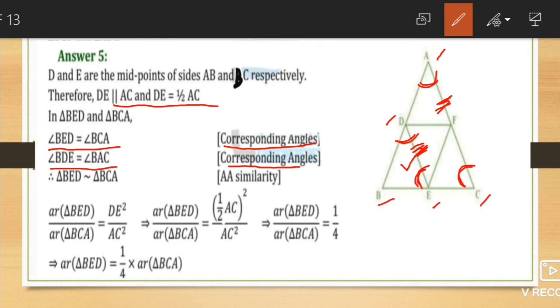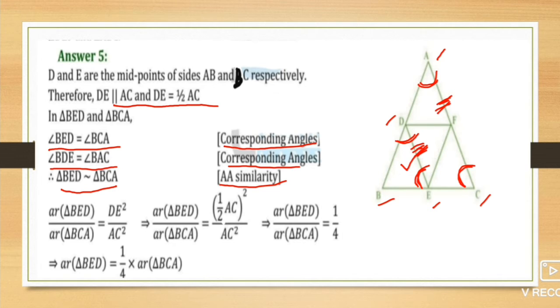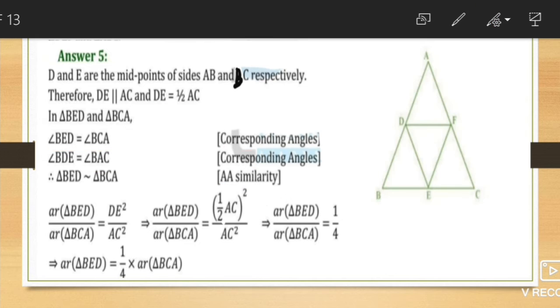Since two corresponding angles are equal, you can say that by AAA similarity, triangle BED will be similar to triangle BCA. That means this BED triangle will be similar to this whole triangle BCA.